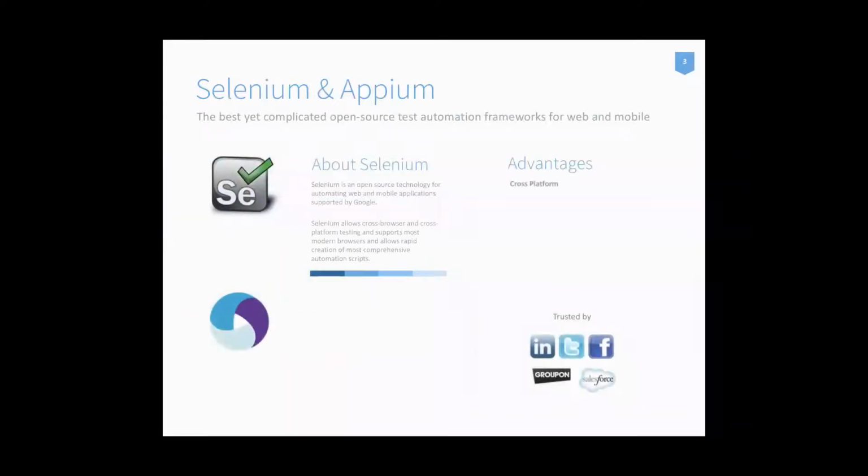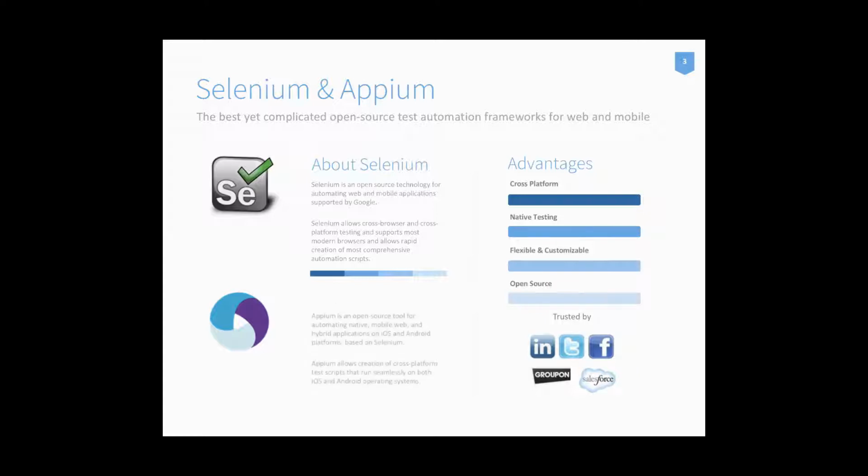So Selenium and Appium are probably the two most popular test automation engines. Those are not really frameworks, they are engines to automate web and mobile technology. I believe almost every company that has test automation uses Selenium and Appium in some way behind the scenes.